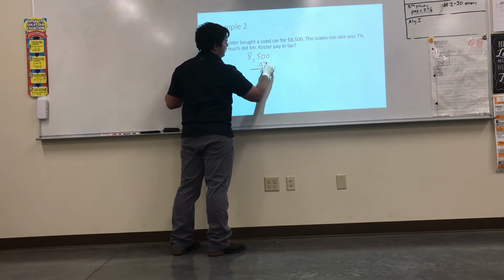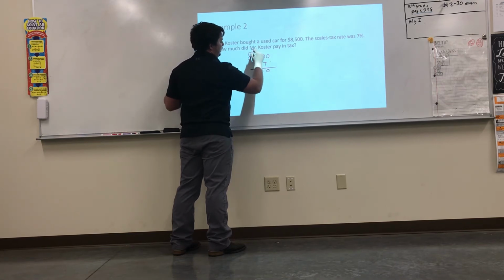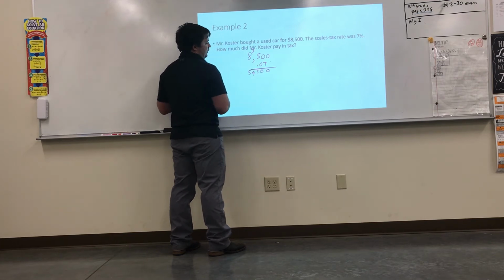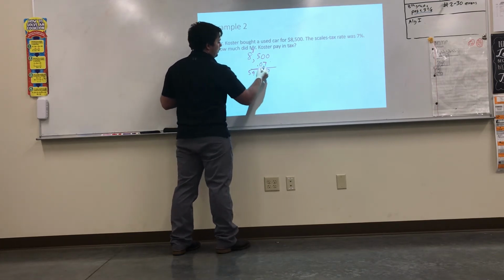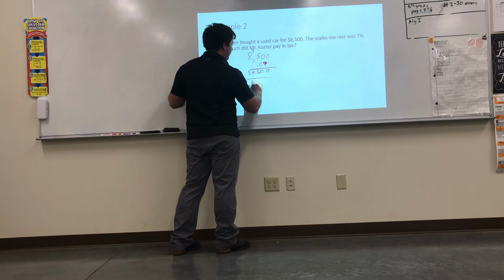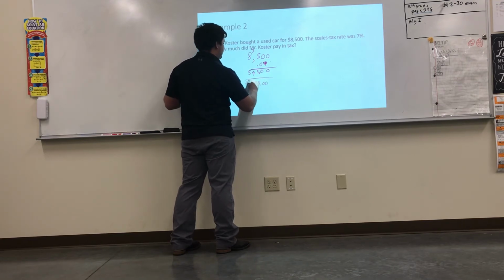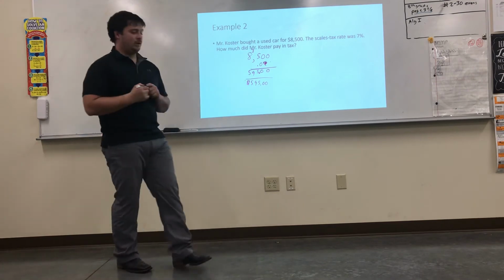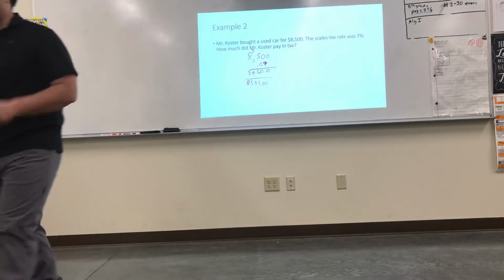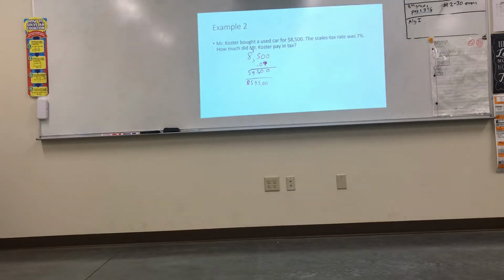That should give me 595.00, two decimal places. So it would be $595 is what Mr. Kester would have paid in taxes on his new car.